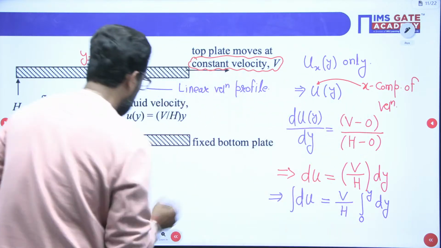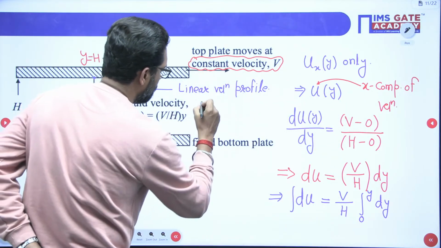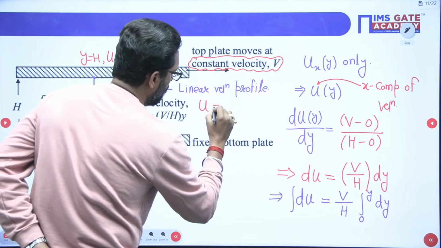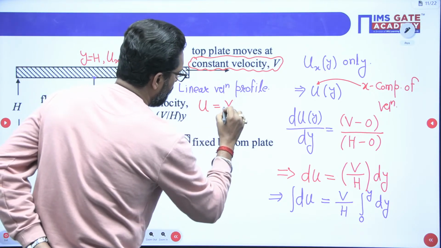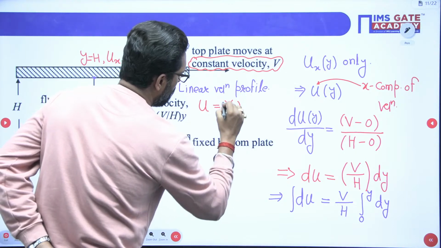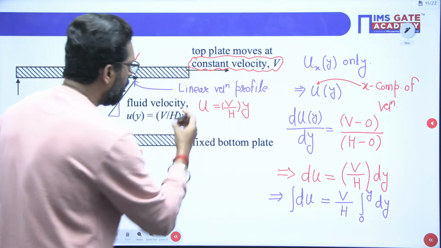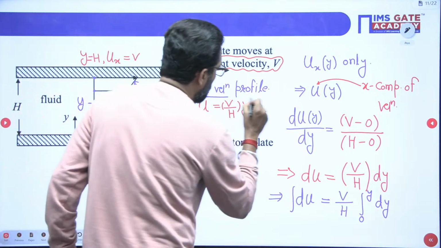So what is your velocity profile? u is equal to V by h into y. Yes or not? V by h into y. So this is your velocity profile.